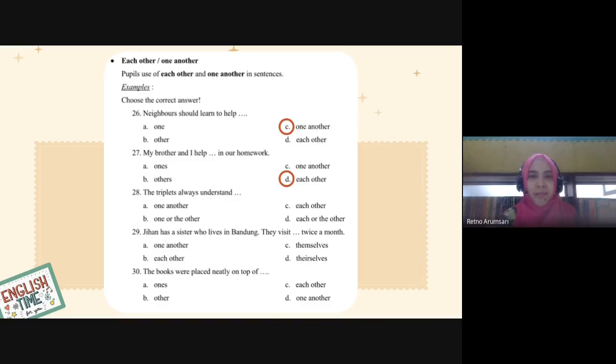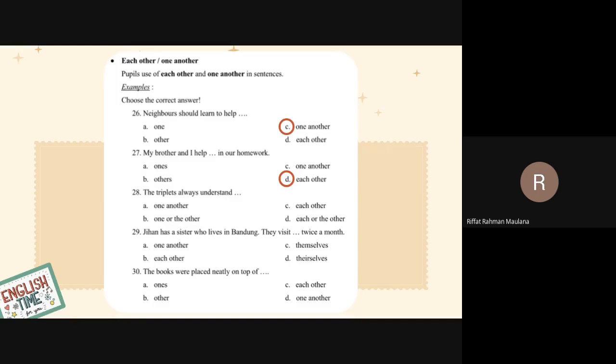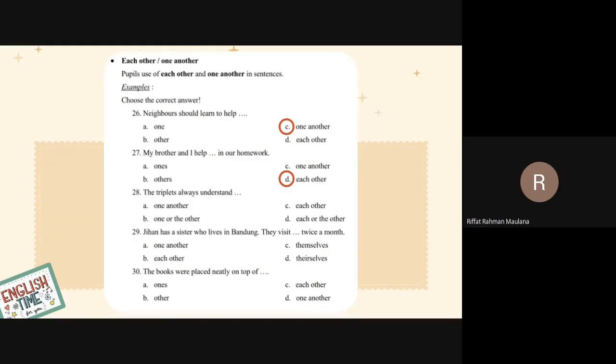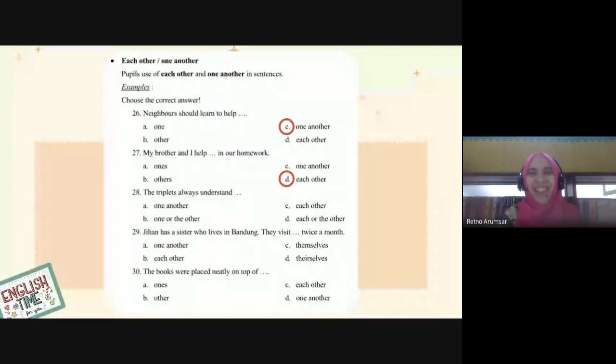The triplets always understand one another. One another, why? I don't know. Triplets means there are three identical siblings, right? Three identical people.